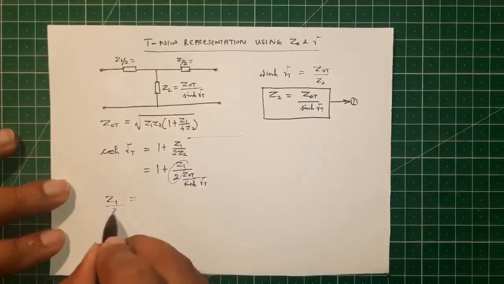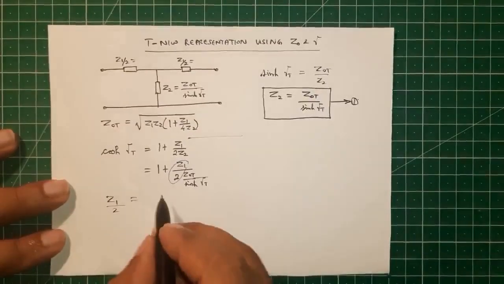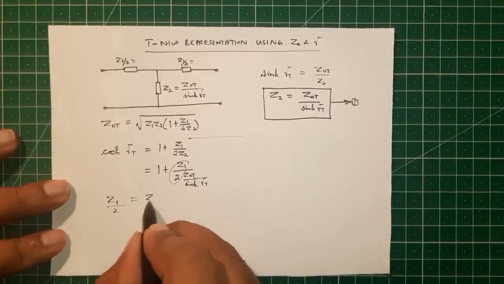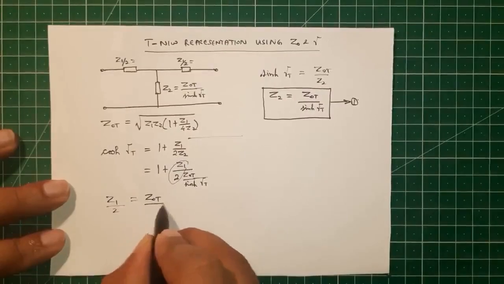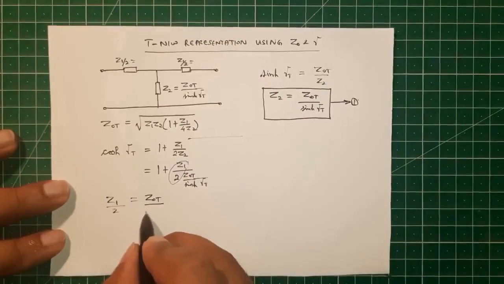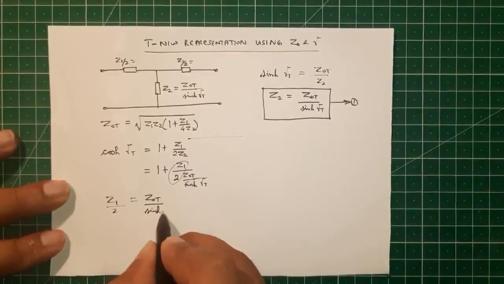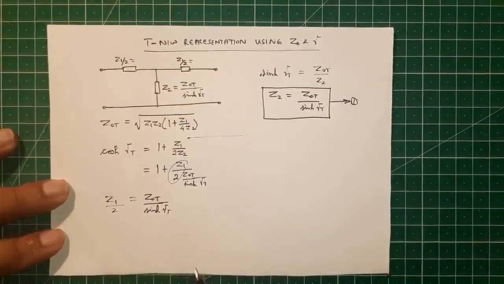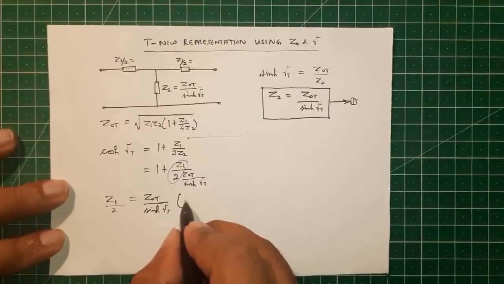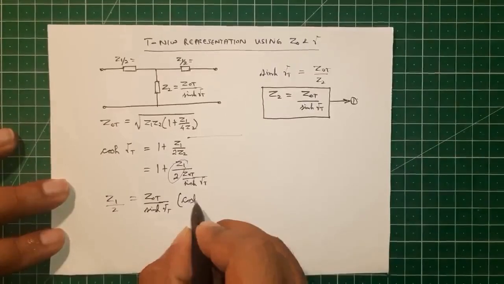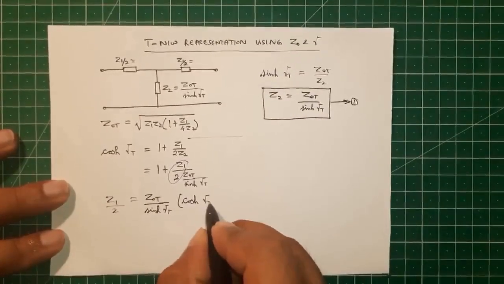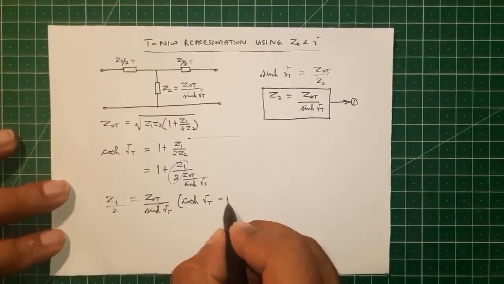So we can write Z1 by 2 is equal to Z0T by sinh gamma l into cosh gamma l minus 1.